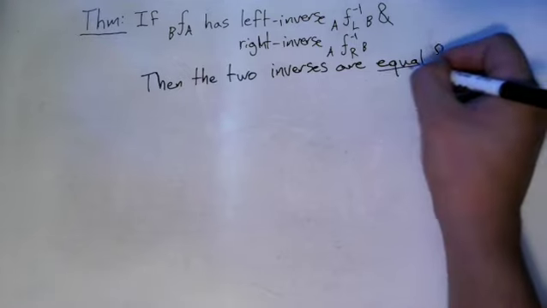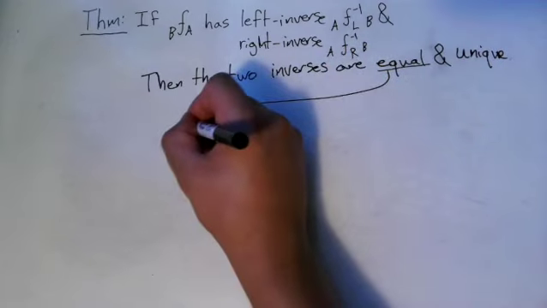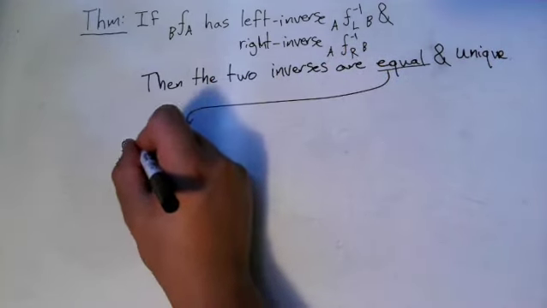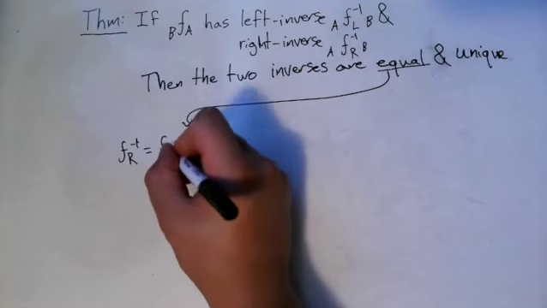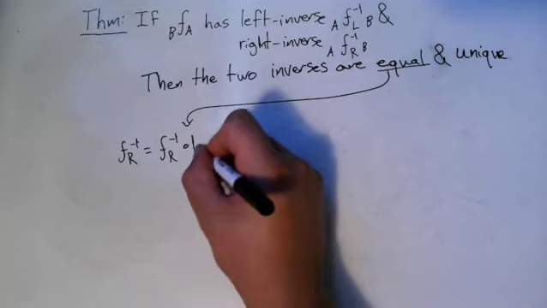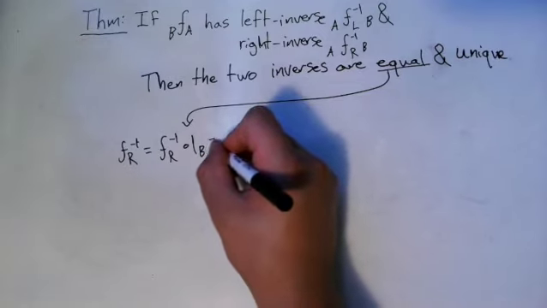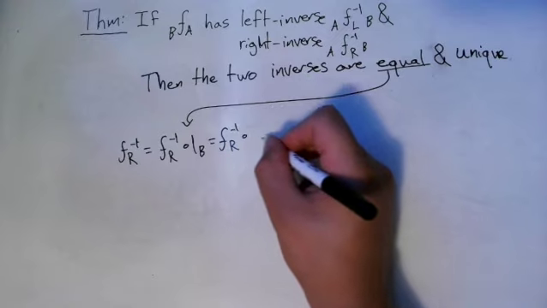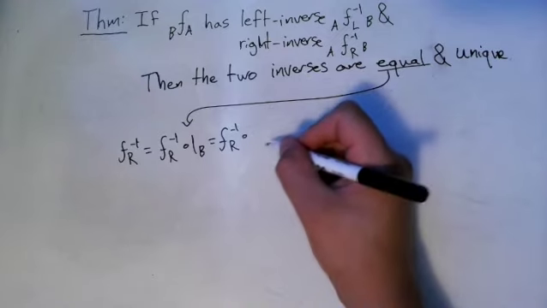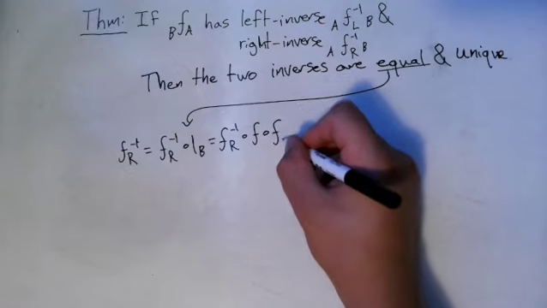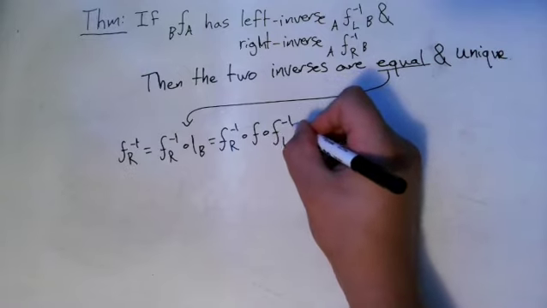So to see that they're equal, first notice that f_R to the minus 1 is equal to f_R to the minus 1 composed with the identity morphism on B, which is equal to f_R to the minus 1 after, well, we can expand the identity morphism into f after its left inverse.